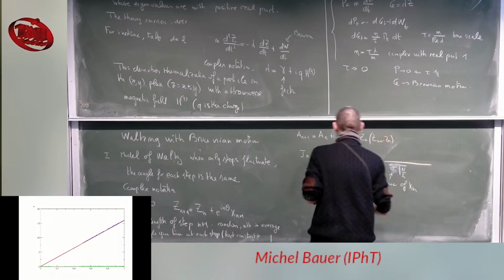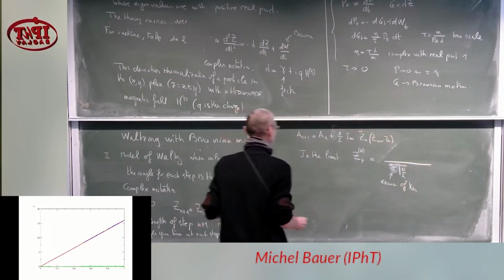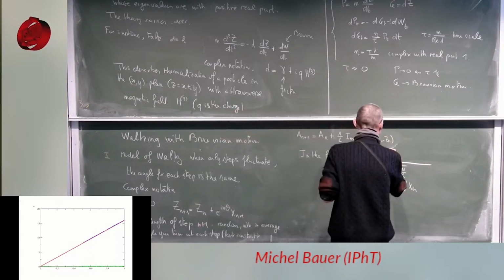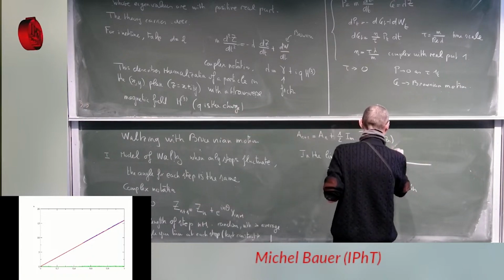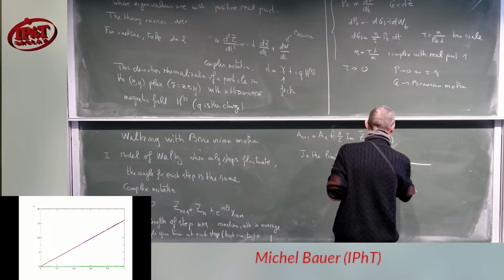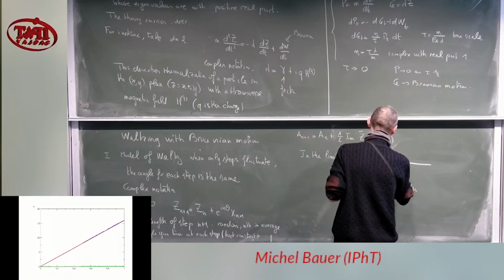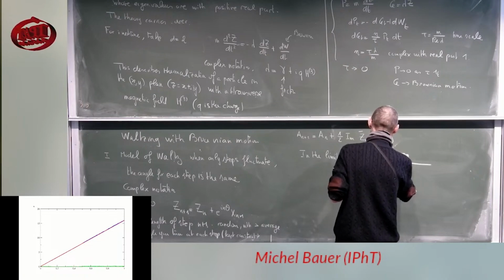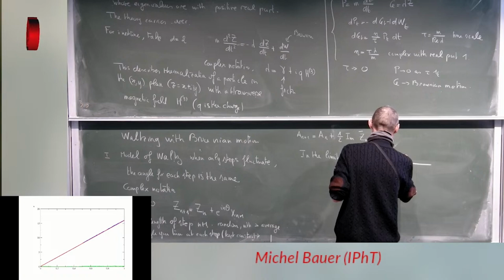And in the numerator, I always make it wrong, but essentially you take the Z at times... What is the right scaling here?